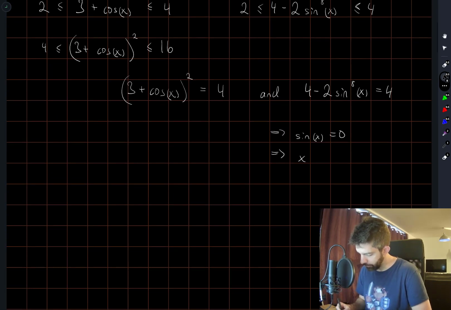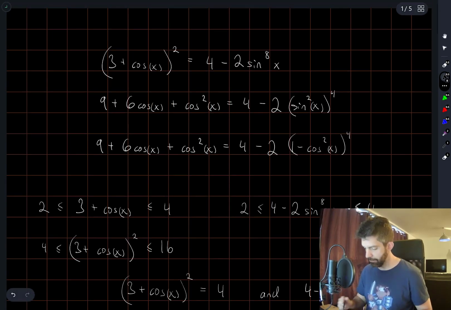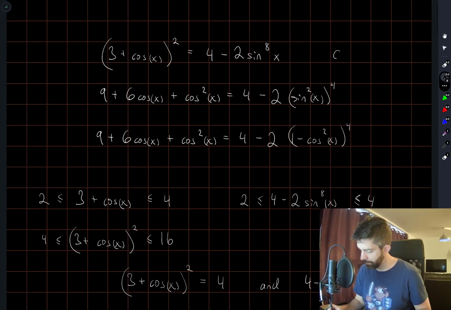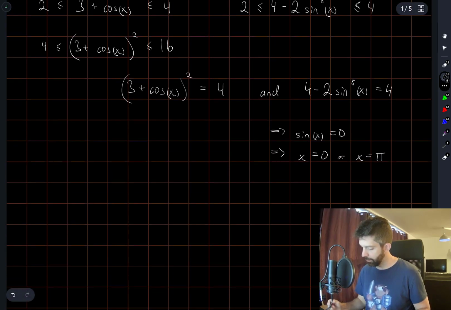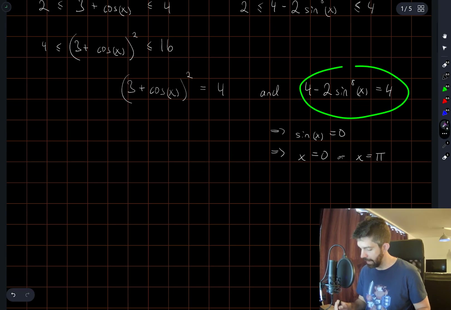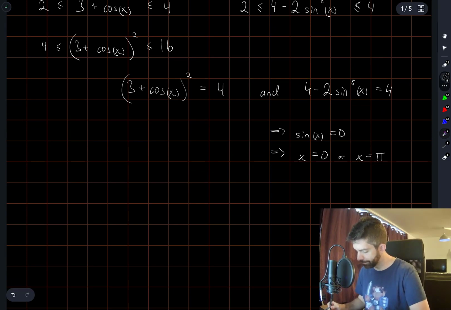And this tells us that x has to be equal to 0 or x is equal to π because, I didn't write it down originally, but in the original statement of the question, x is greater than or equal to 0, but strictly less than 2π. So the only values of x that allow this to happen are 0 or π.